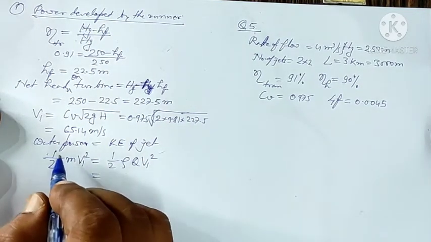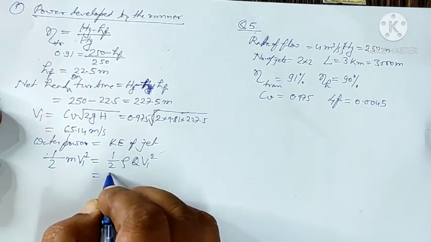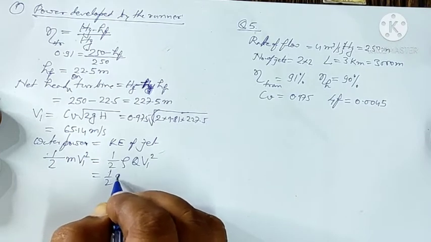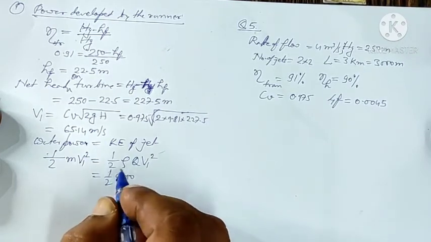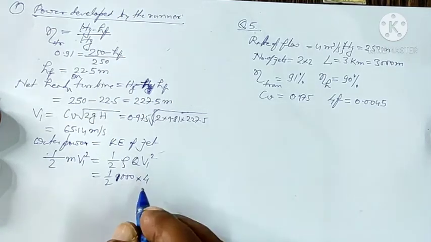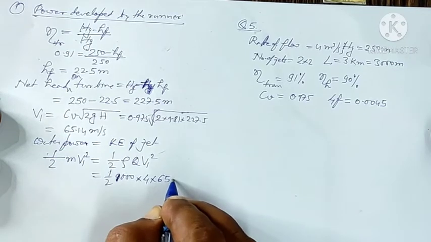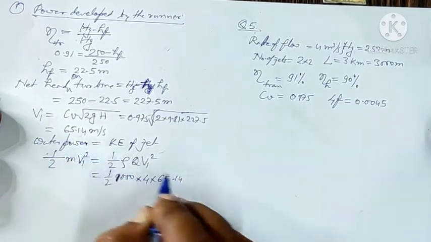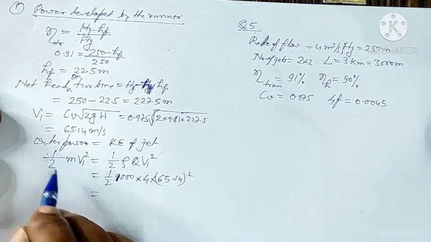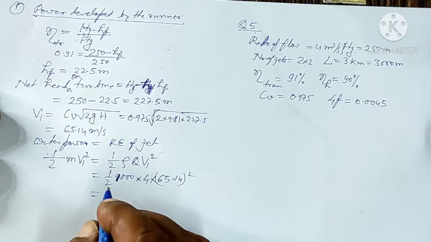we get the water power as 1 by 2 into 1000 for the water, rho into q 4 meter cube per second is given, and multiplied by velocity 65.14 square. So this will be the water power, and that is the equals to the kinetic energy of the jet.